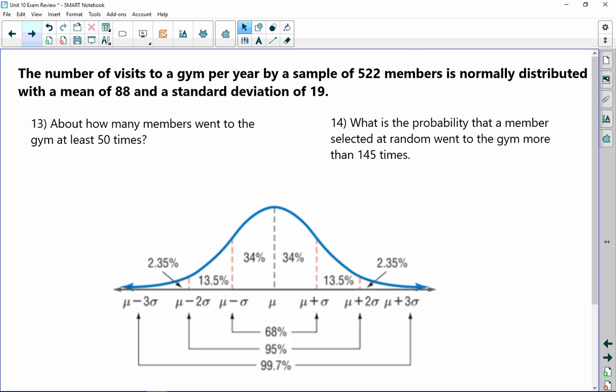Okay. All right, so first thing is that 88 in the middle. 107 to the right. 126. All right, going to the left. 50.